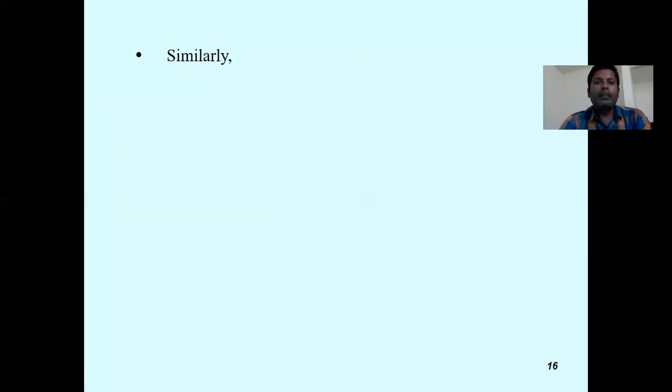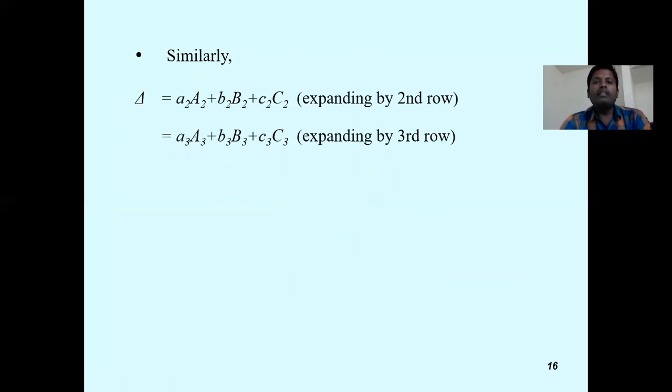Similarly, delta equals A2 alpha 2 plus B2 beta 2 plus C2 gamma 2, expanding by second row. In the same way, expanding by third row means A3, B3, C3 with their cofactors.